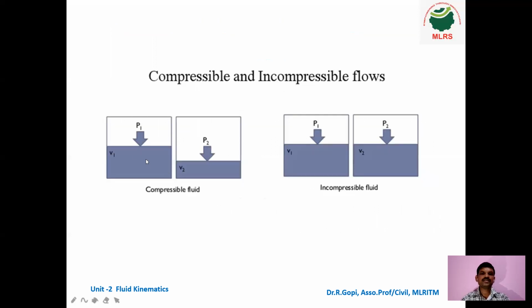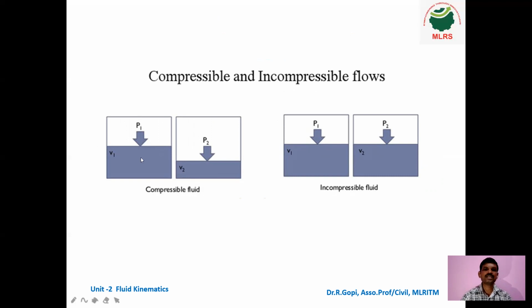Now you can see in this picture, this is the compressible fluid, and this is the incompressible fluid. In compressible fluid, whenever an external force is applied, volume reduction occurs, as in our bulk modulus and compressibility in the first unit. Due to the volume reduction, the density will increase.